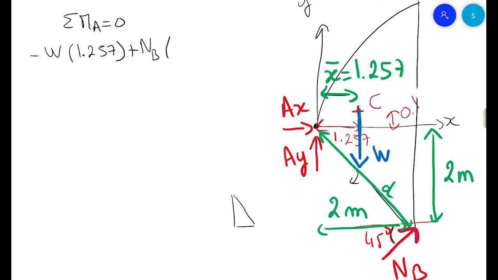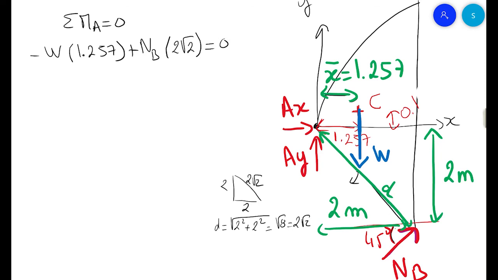So D is 2 square roots of 2. You can prove it: D is equal to the square root of 2 squared plus 2 squared, so 4 plus 4, the square root of 8, which is 2 square roots of 2. So NB times 2 square roots of 2 is equal to 0.